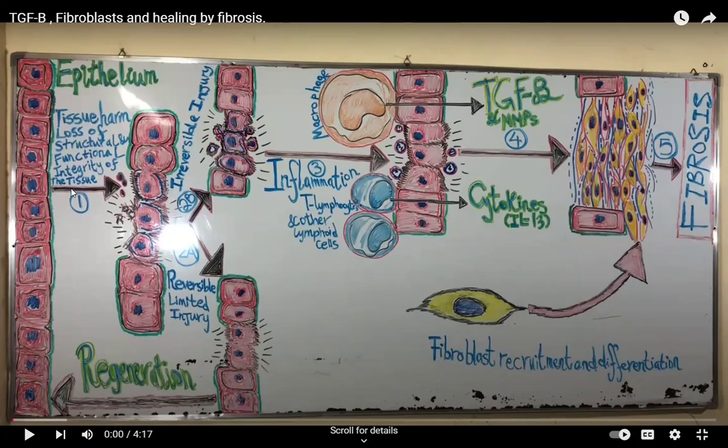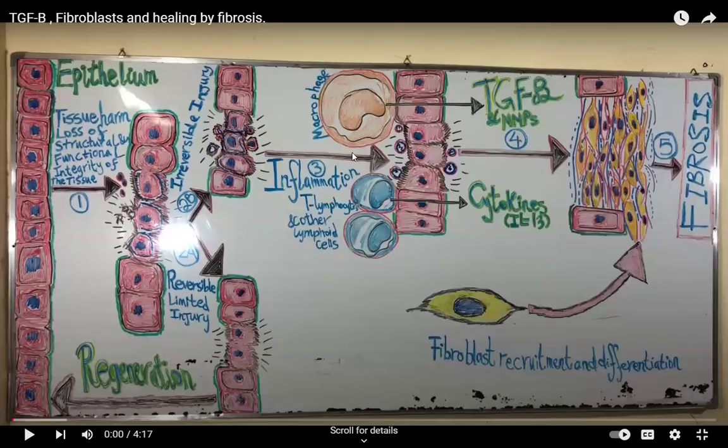Step number one is the damage. Step two is 2A or 2B. 2A is if the injury is reversible and limited, we heal with this green regeneration because the injury was so light, we go right back to normal tissue. But if the injury is irreversible, there will be inflammation.